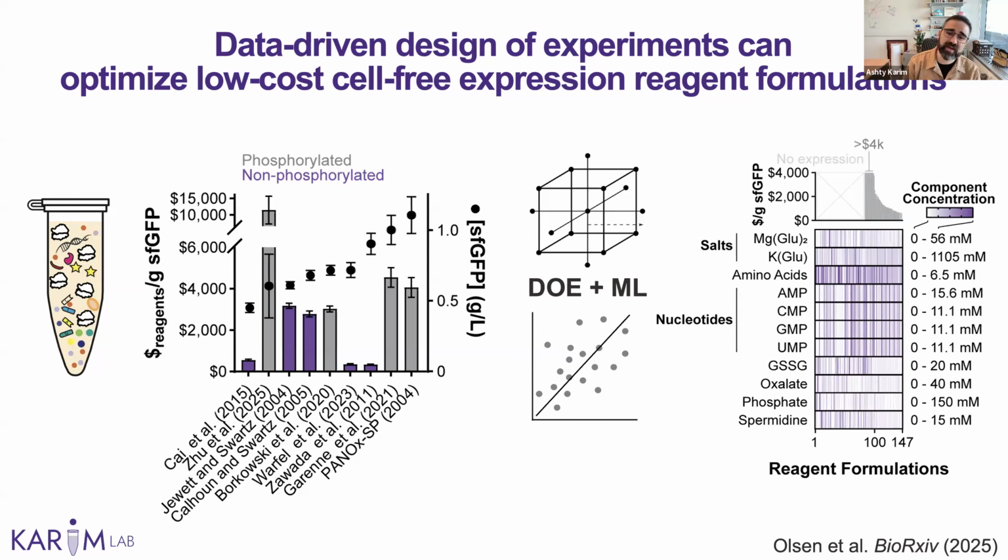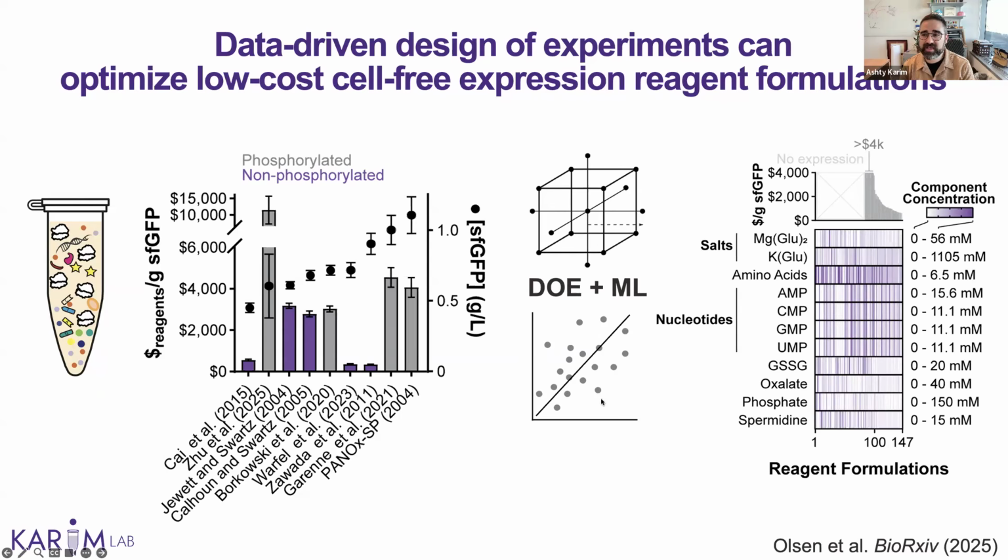And so similar to the other studies that I showed you, we took consensus reagents that are used and did a combination of classical design of experiments and machine learning to test out 147 different reaction conditions or combinations to reduce the reagent formulations.